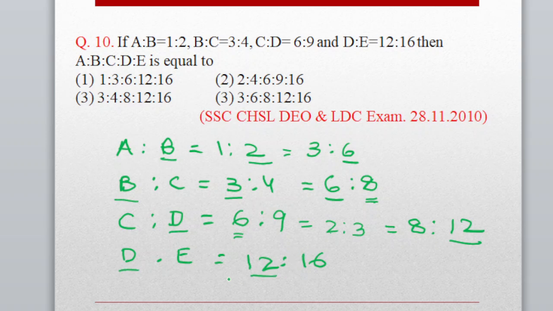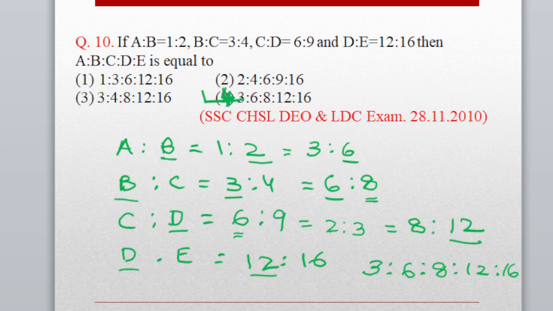So now my ratios are 3 is to 6 is to 8 is to 12 is to 16. This means option 4 is the right answer.